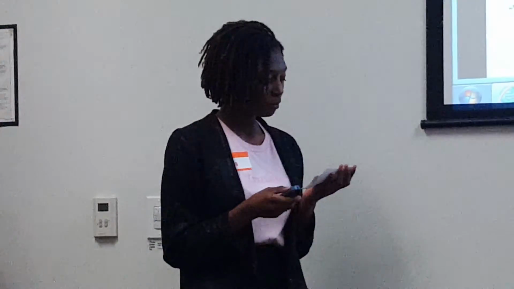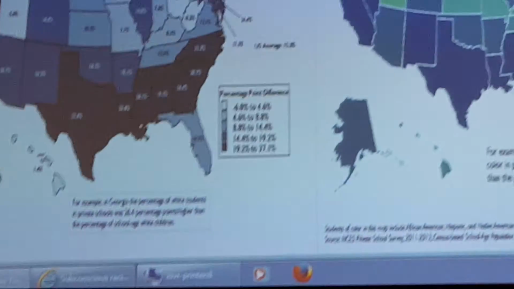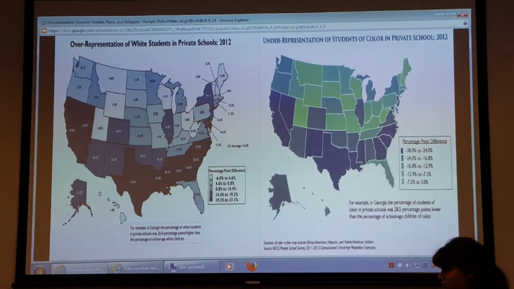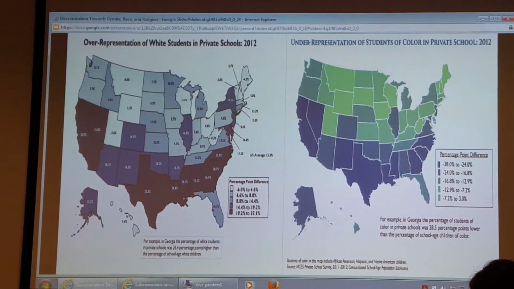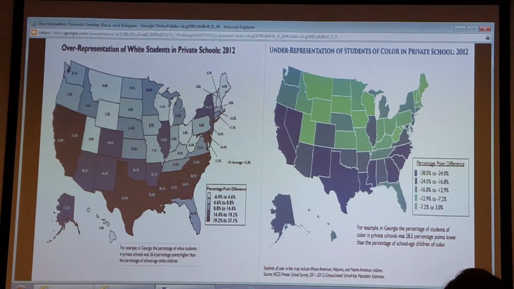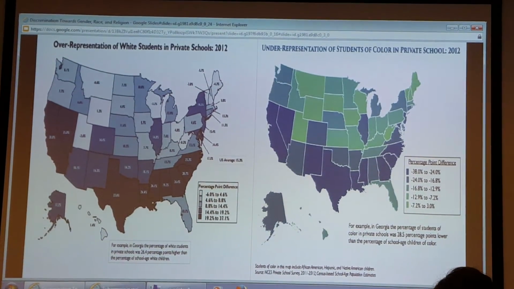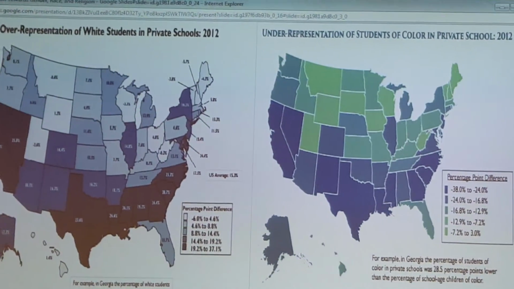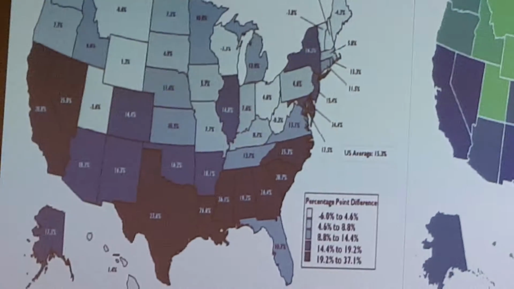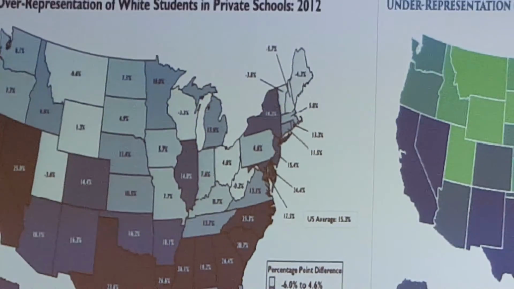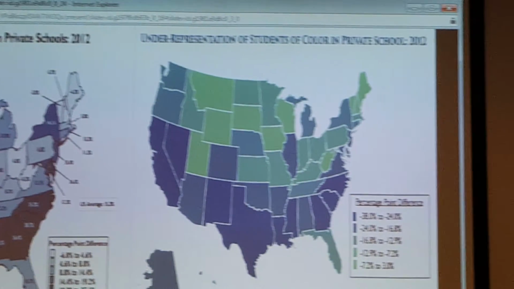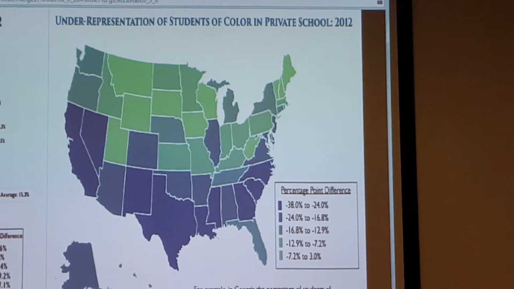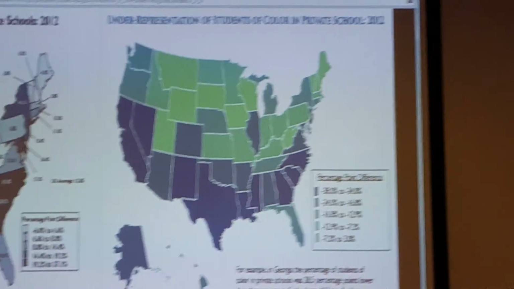According to this chart by the Southern Education Foundation, studied in March of 2016, white students attending private schools was 20.8% higher in California compared to students of color, whose attendance was negative 30.8% to negative 24% in California. These people of color aren't even existing in these schools pretty much. There's a very small percentage of people of color in private schools.